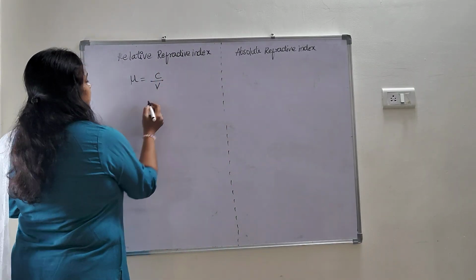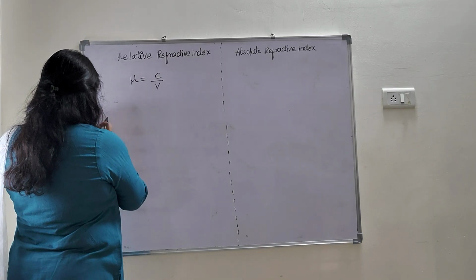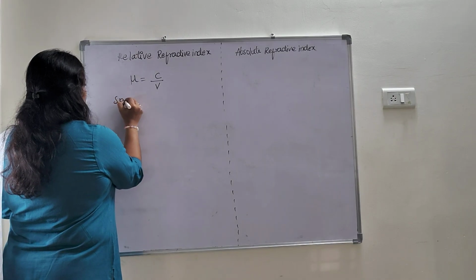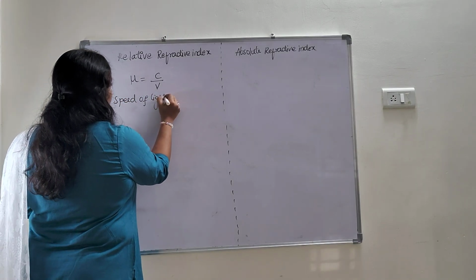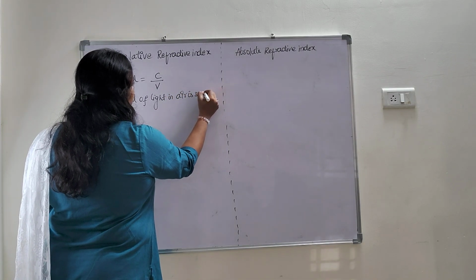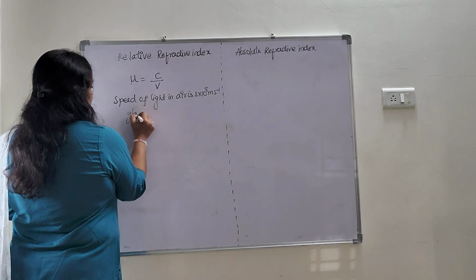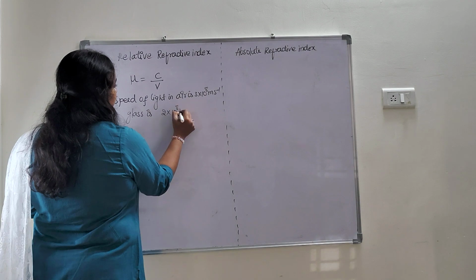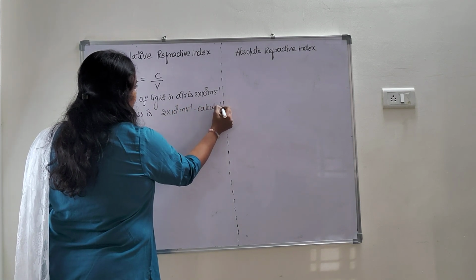So coming to the relative refractive index, the question is: the speed of light in air is 3 into 10 to the power of 8 meter per second, in glass is 2 into 10 to the power of 8 meter per second. Calculate its refractive index.